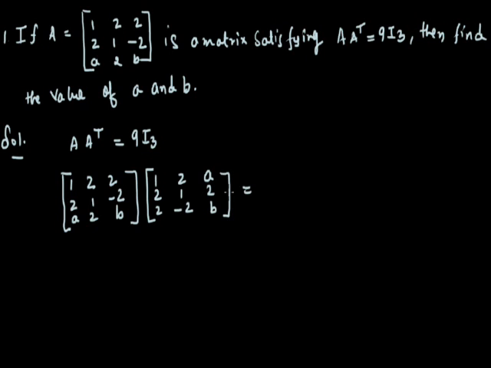Now it is equal to 9I3. 9I3 means [9, 0, 0; 0, 9, 0; 0, 0, 9]. So A multiplied by A transpose equal to 9I3.